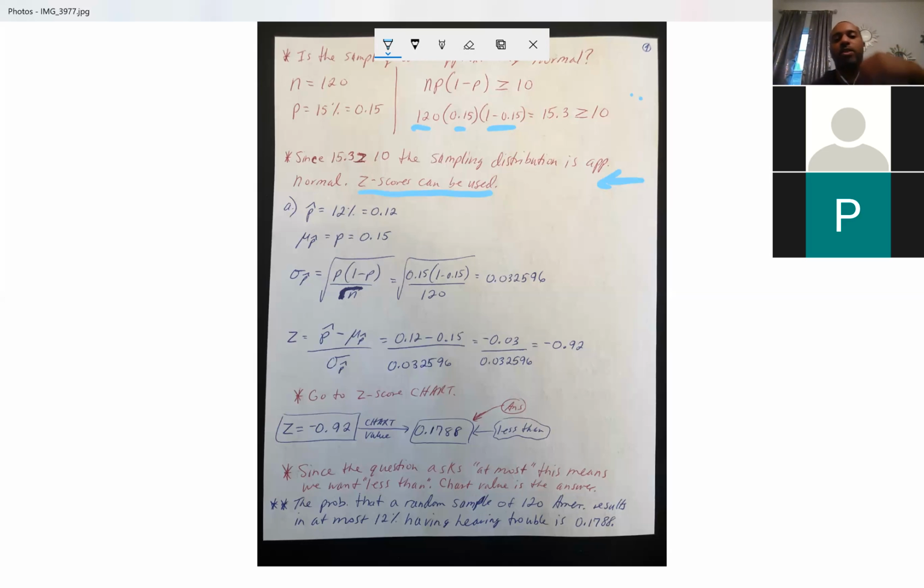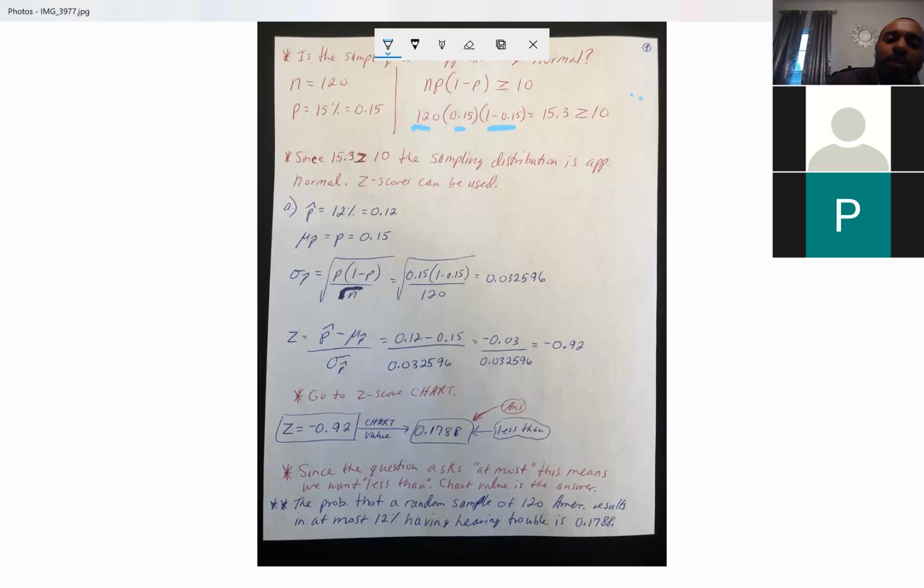All right. So looking at A and going back to that question, you guys can see it, but I can't. It says in a random sample of 120 Americans, what is the probability that at most 12% have hearing trouble? All right. So the first thing we do is recognize that our sampling distribution proportion, P hat, is going to be 12%. They gave it to us.